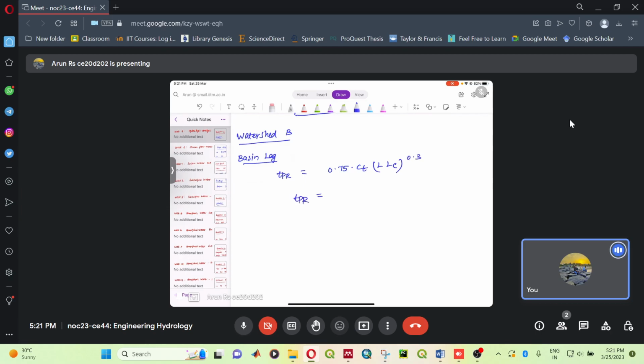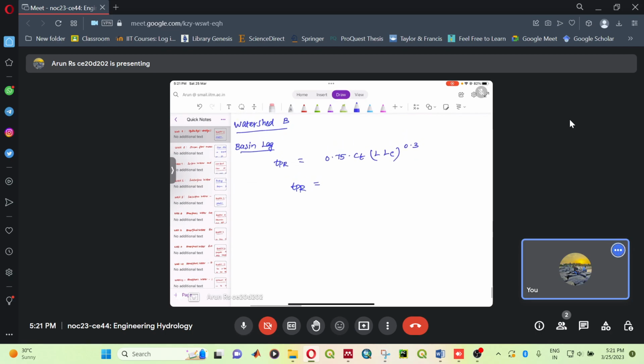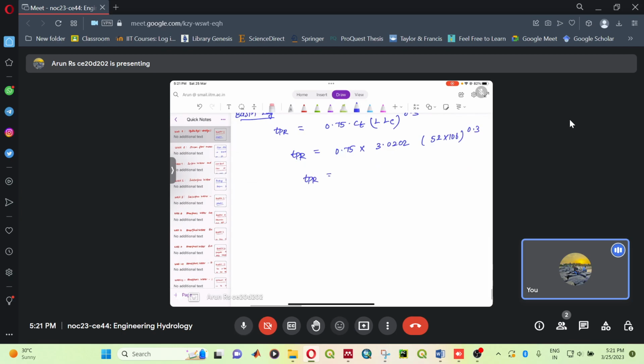So we derive the parameters from the watershed M, and then we are using it in the watershed N. So this is 0.75 into 3.0202 into 148 into 52 into 106 to the power 0.3. We have TPR is equal to 30.03 hours.